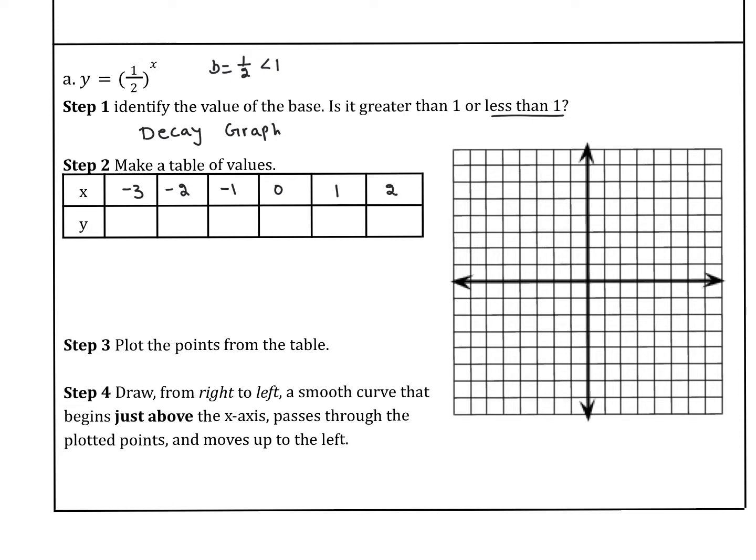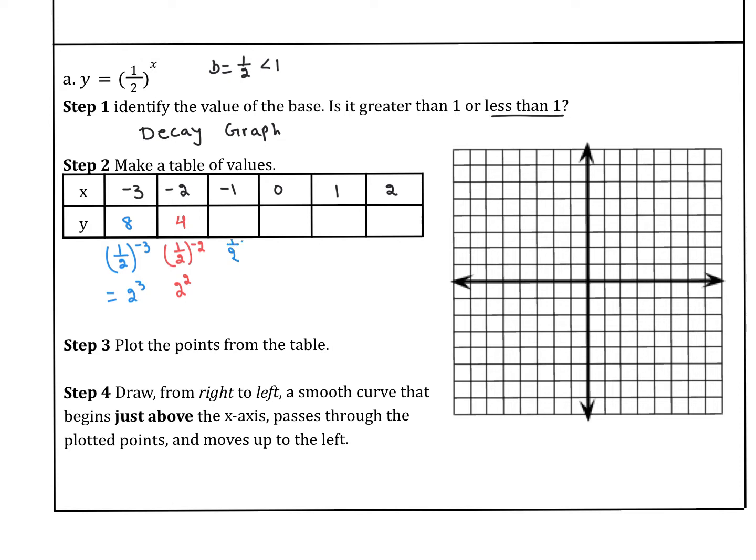Plugging into the function, 1 over 2 to the power -3 means 2 to the power 3, and that's going to be 8. 1 over 2 to the power -2 is 2 to the power 2. To make the negative exponent positive, you flip the inside, so that's 2 over 1, and 2 to the power 2 is 4.